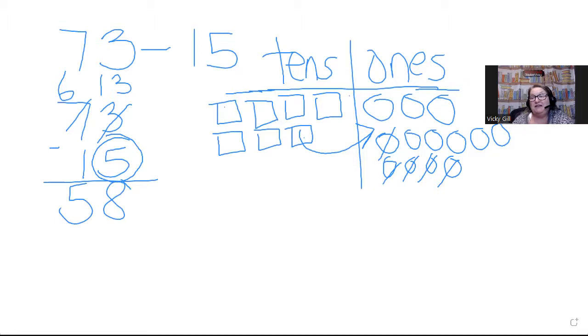I don't get it, but I get it, but I don't understand why. I put the tens and ones there to show you that. I hope that helps.